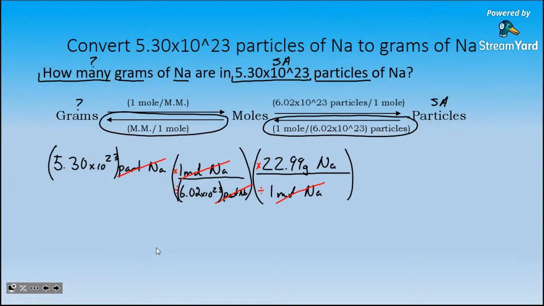So I'm going to now type this into my calculator. 5.30 E23 divide by 6.02 E23 multiply by 22.99, because again, I don't worry about the multiplying or dividing by 1. And I get a final answer of 20.24, or to 3 significant digits, 20.2. And after the canceling of units, the only units I have remaining are those grams of sodium.